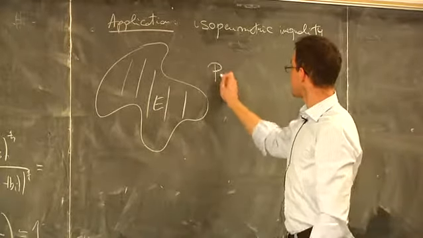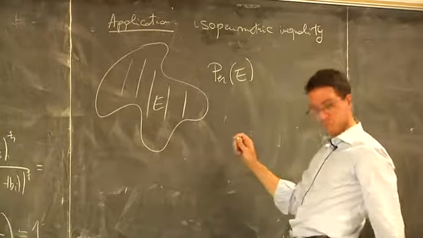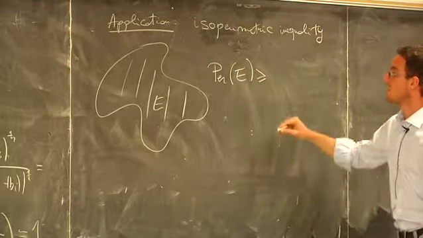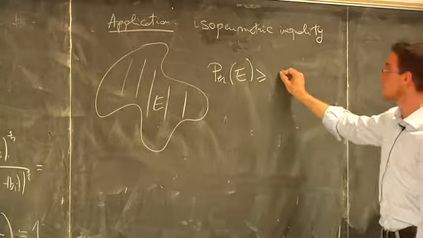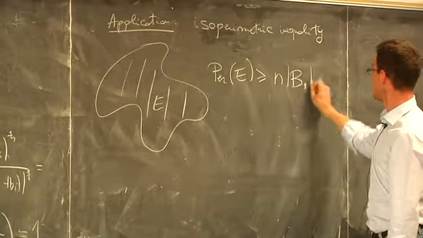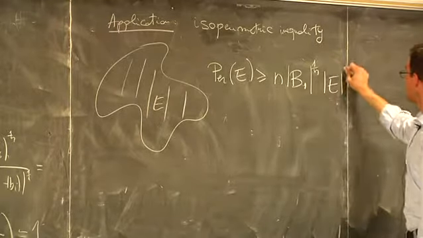So the perimeter of E is greater or equal than a constant, which is n times the volume of the unit ball to the power 1 over n, times the volume of E to the power n minus 1 over n.